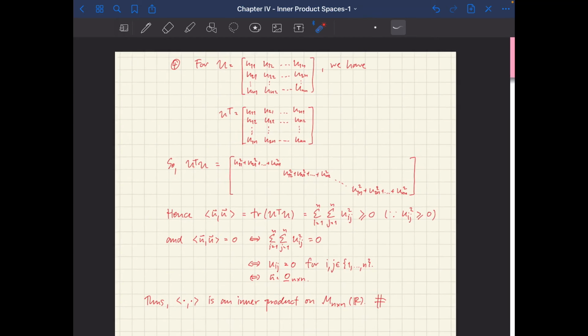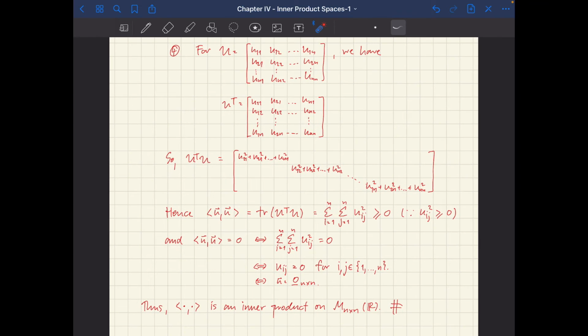For number 4, we cannot use the four properties of trace. So we take u to be a matrix like this, the matrix that has entries u11, u12, and so on. If you have a matrix u, you can find u transpose like this, right?